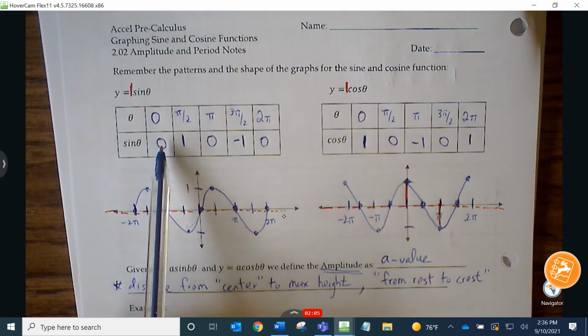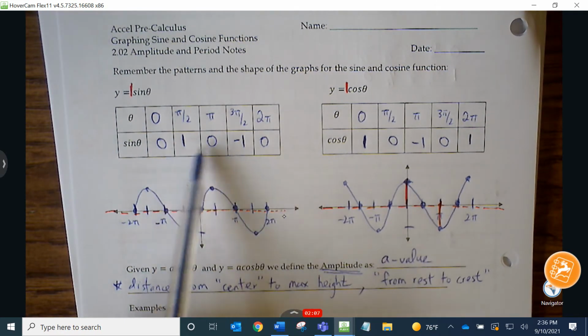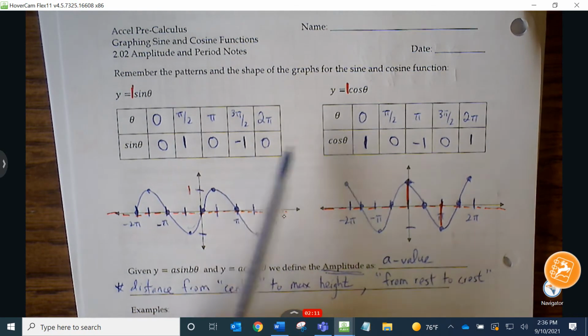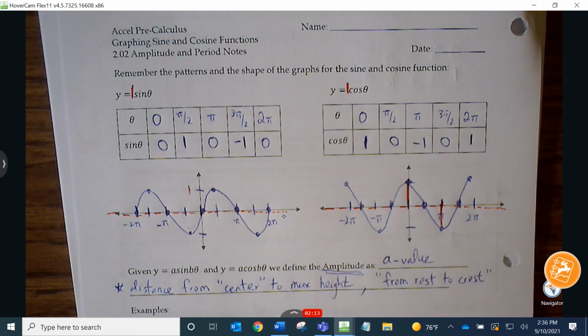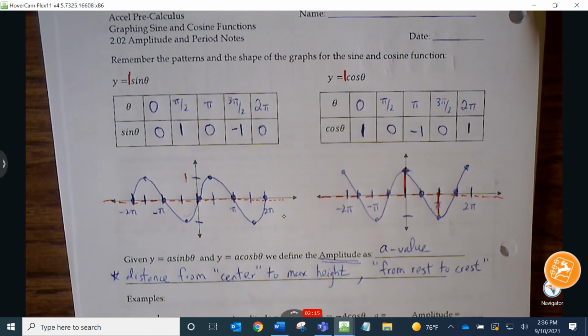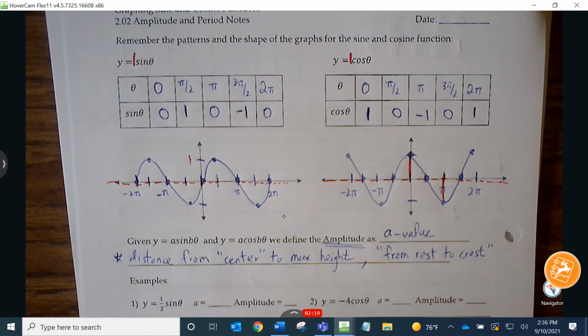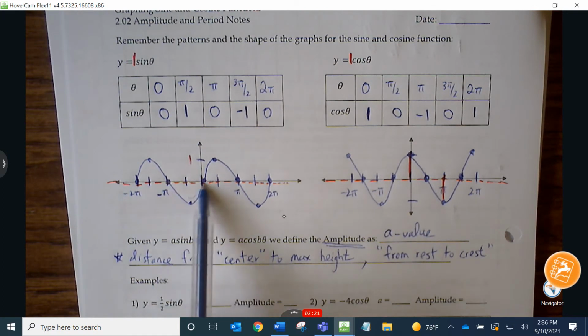So sine and cosine have a full cycle of 2 pi, and it's going to start and end at the same y value.